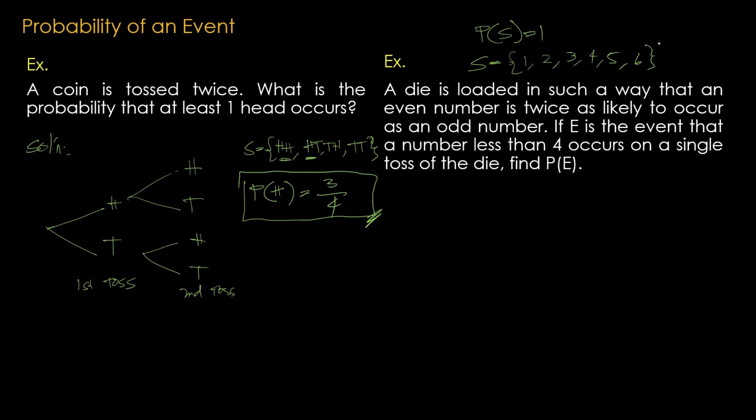Therefore, if we add up each of these probabilities, that should be equal to 1. If this has an x probability, this also has an x probability, this also has an x, this one, this one, and this one. If we add those up, that should be equal to 1 because the probability of our sample space is equal to 1, right?